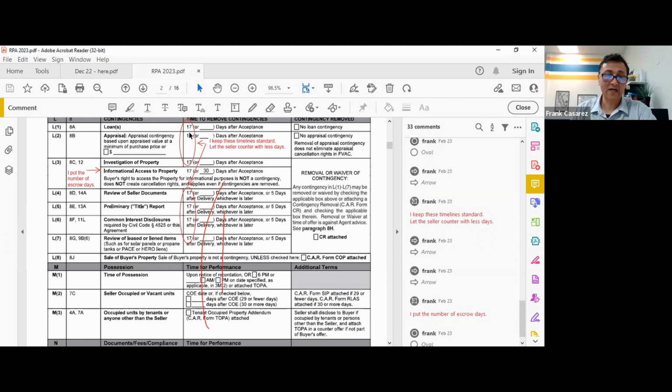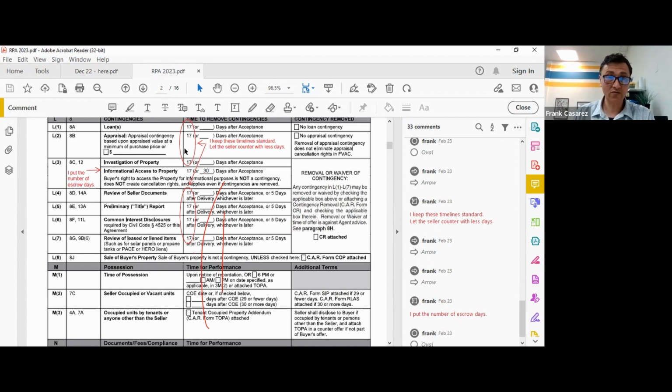I know some agents will tell their buyers, if you want to be more competitive, you need to lower this dramatically, cut it in half, slash it, or waive it completely, which is an even worse idea. No, leave it alone, send it over, and see what the seller and the listing agent say.